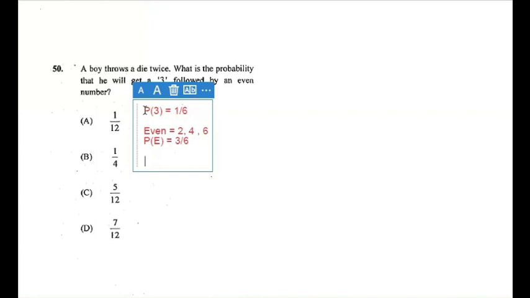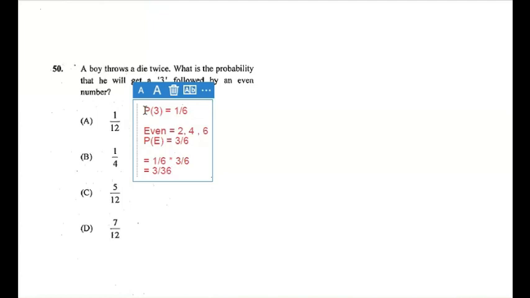And since both events are independent of each other, to find what the question is asking for, it will be 1/6 multiplied by 3/6, and that will be equal to 3 divided by 36.